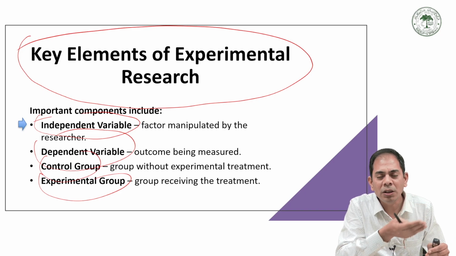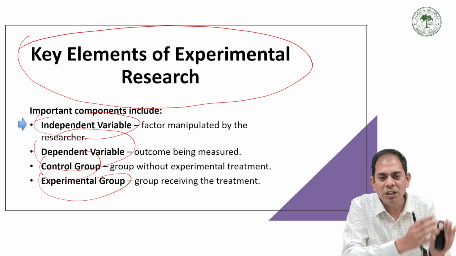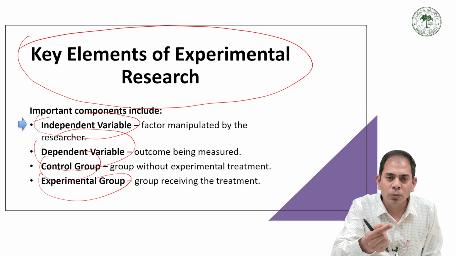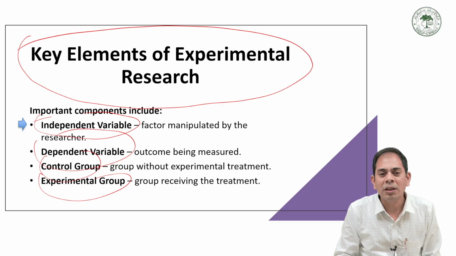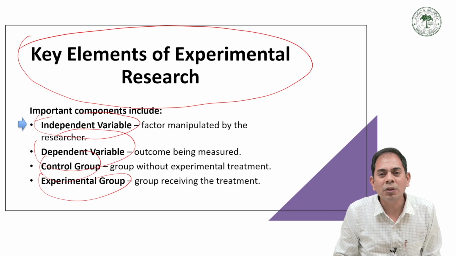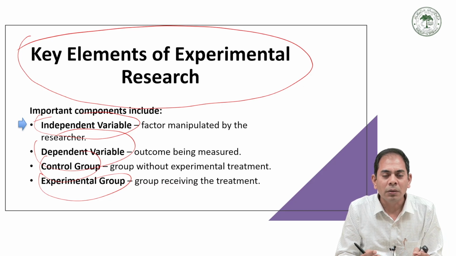We can manipulate these variables through the experiment to find out their effect on performance, and through statistical analysis we find out significant relationships. For example, in physical education, a specific training program like strength training or interval training can be an independent variable.